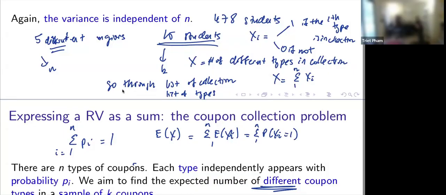So the last student said it almost perfectly. There's at least one student of that major in the collection or in the class. Well, how do you do that? At least one means 1, 2, 3, 4, up to K. But that sounds complex, doesn't it? Well, what can we do?